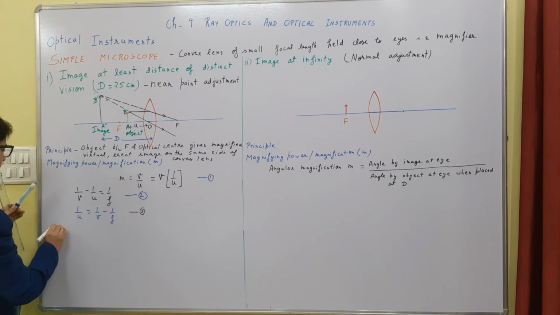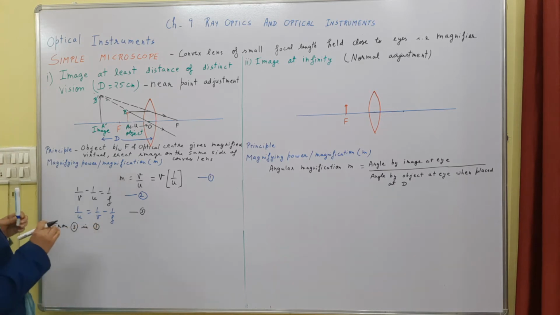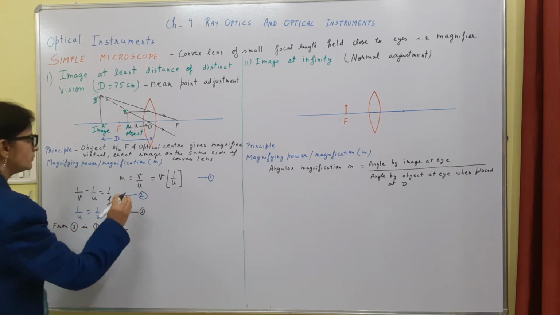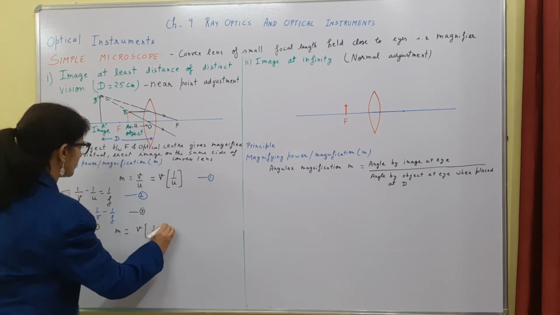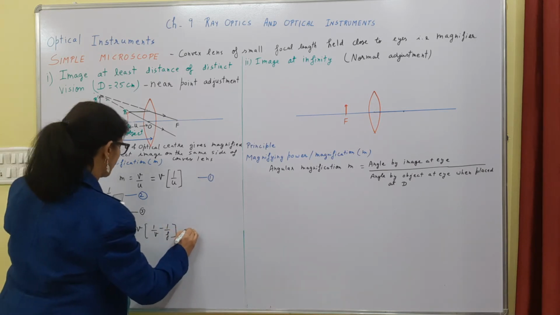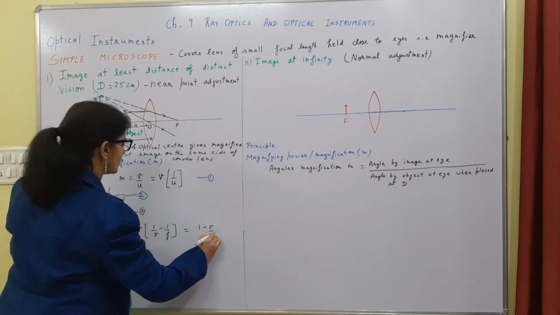So putting 3 in 1, what will I get? Magnification is equal to v times (1 by v minus 1 by f). If I solve this, I'll get 1 minus v upon f, right?